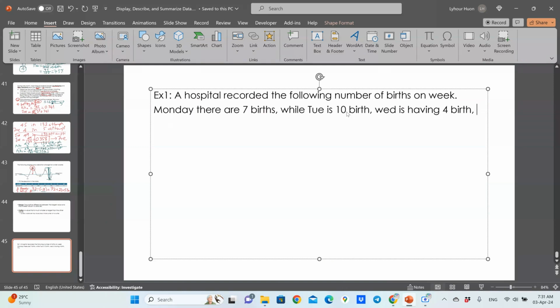Thursday is having 6 births. Friday is 7 births. Saturday is having 8 births, and Sunday is having 3 births.